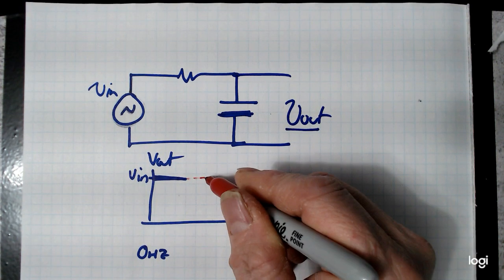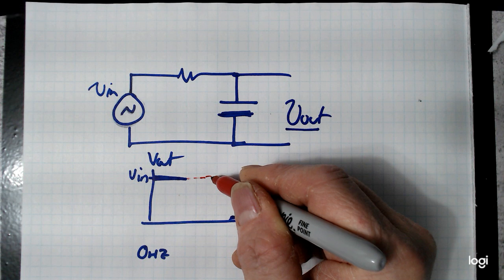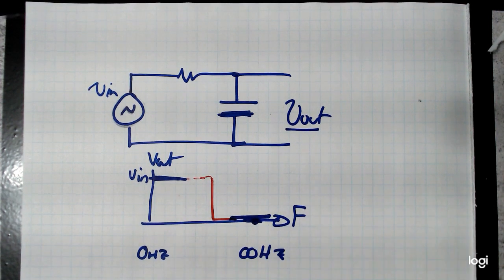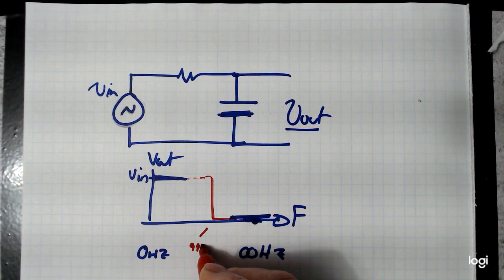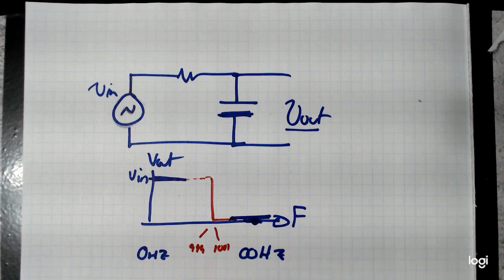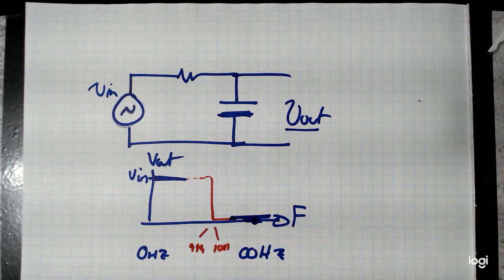Is the voltage going to drop off like a stone, where this is 999 hertz and this is 1001 hertz? I think you've seen both in this course and your other course, AC, that this is not the way the transition is made. There's no magic value that instantly takes the output from 100% to 0.